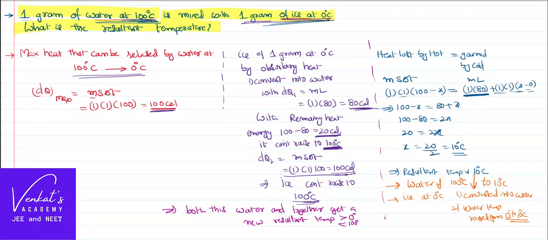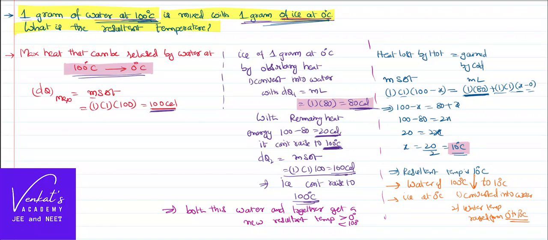So I want you to understand why the entire temperature did not fall from 100 to 0, rather only fell to 10 degrees centigrade. For that, I have explained to you that for ice to convert into water, it needs 80 calories.